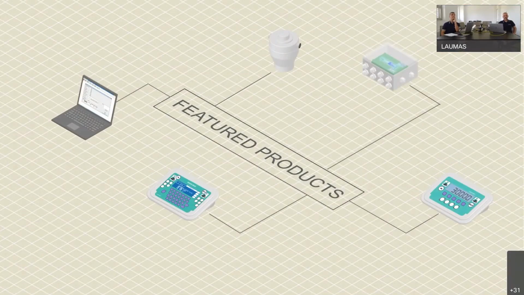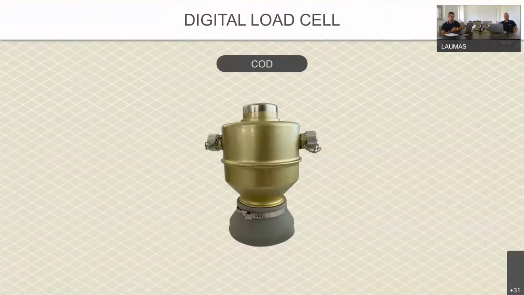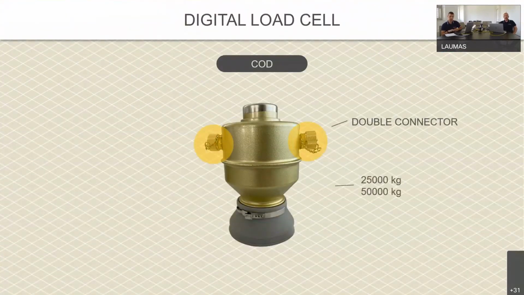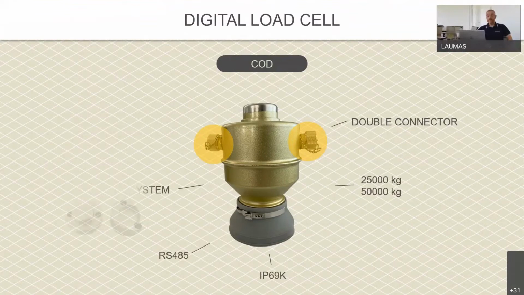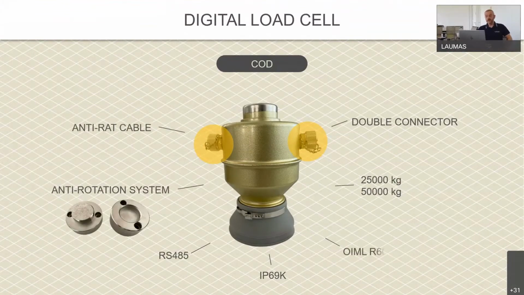Okay, sorry. Now, after checking the possible complete solutions, we can try to analyze the specific components and the new products one by one. We can start from the first new product, which is our digital load cell model COD, and we can check its main features.